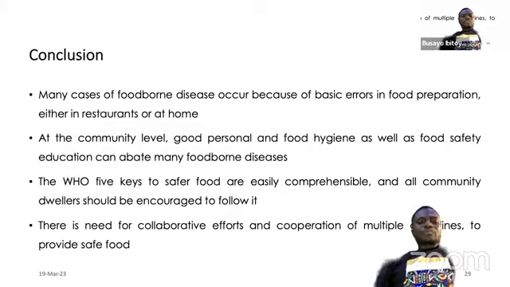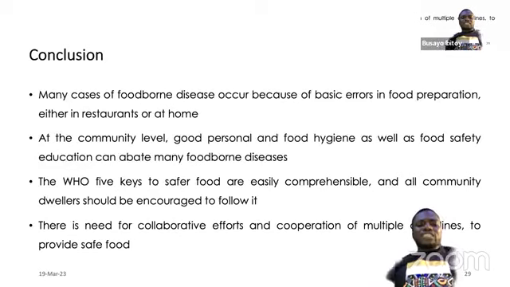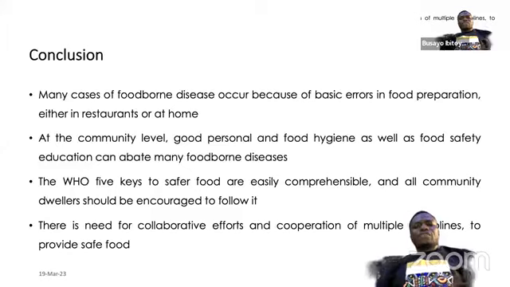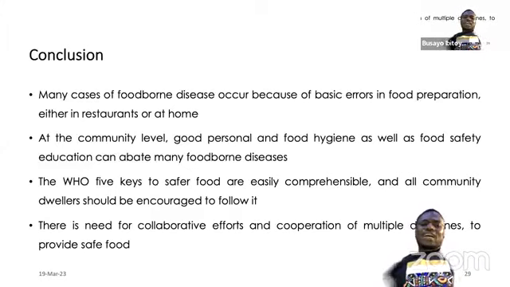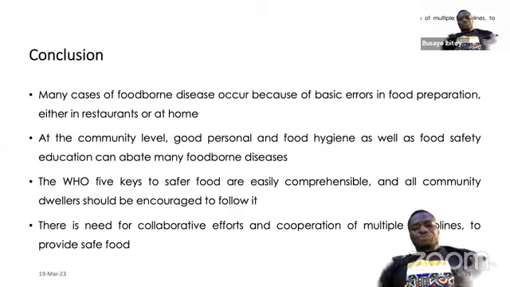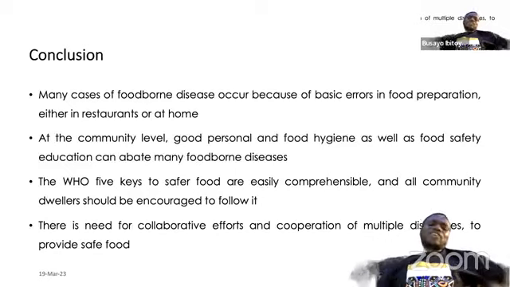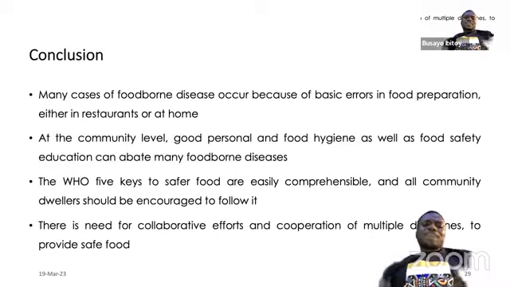Now, for tonight, I want to conclude by saying that many cases of foodborne diseases occur because of basic errors in food preparation, either in the restaurant or at home. At community level, good personal and food hygiene, as well as food safety education, can abate many foodborne diseases.